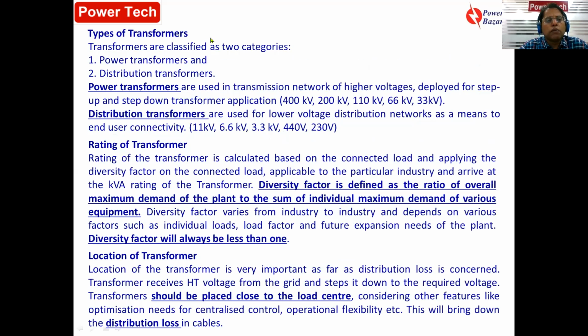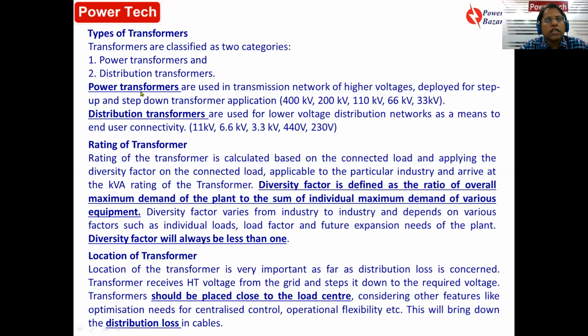Now, types of transformers. One is the power transformer and another one is the distribution transformer. Particularly those transformers which are used in the transmission network at higher voltage, deployed for step up or step down applications, are known as power transformers.